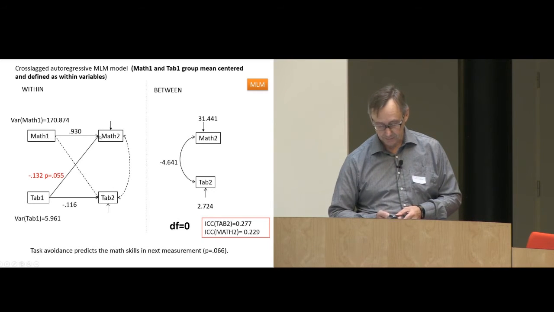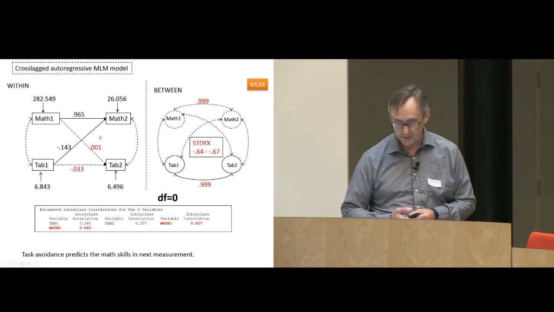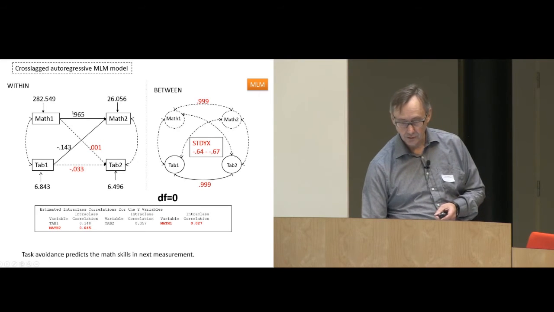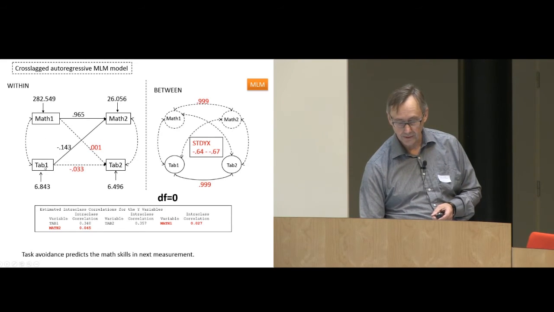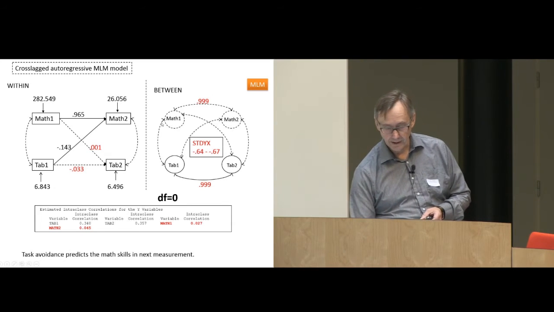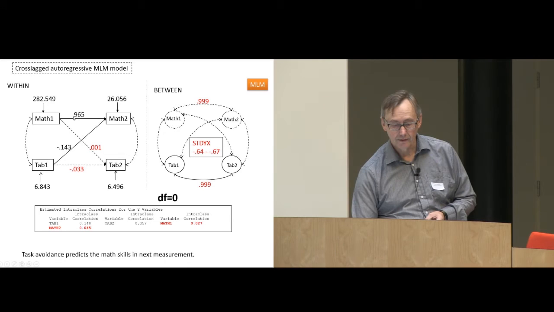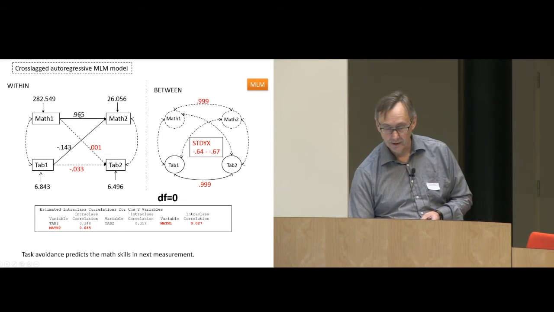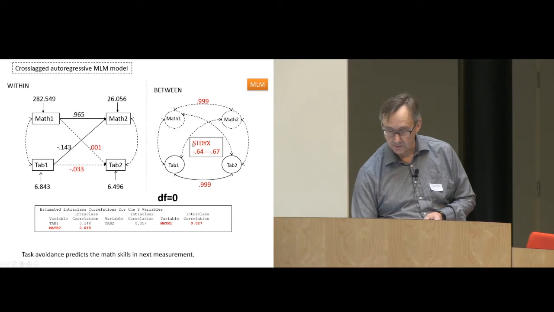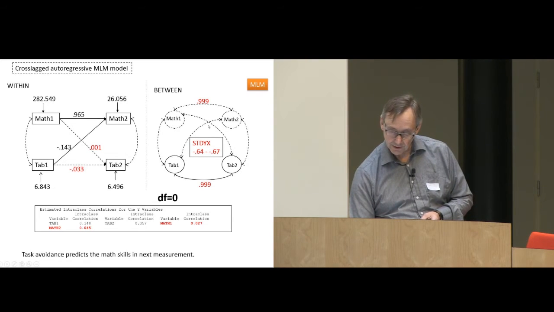When I change the model so that I use math 1 and tab 1 as within and between level, I get true estimates, better estimates. The stability is now 0.97 in within level, and you can see that the correlation between math and task avoidance between individual levels is minus 0.60.